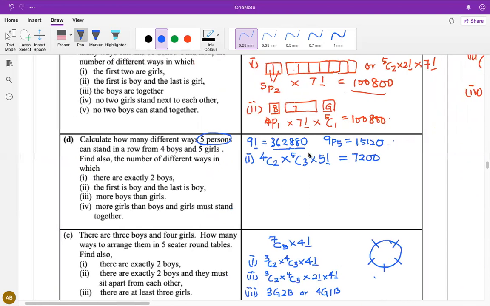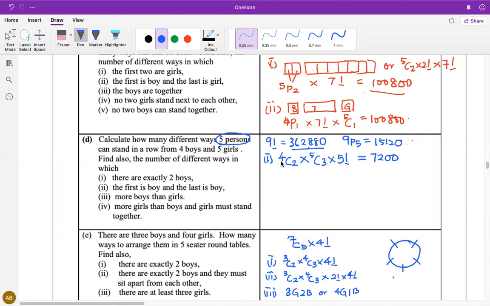Okay. So if we use 5P2 and 4P2 and 5P3, you need times 5 factorial. This means 4P2 times 5P2 times 5 factorial. If you choose 2, choose 3, and then the 5 people we permute them.